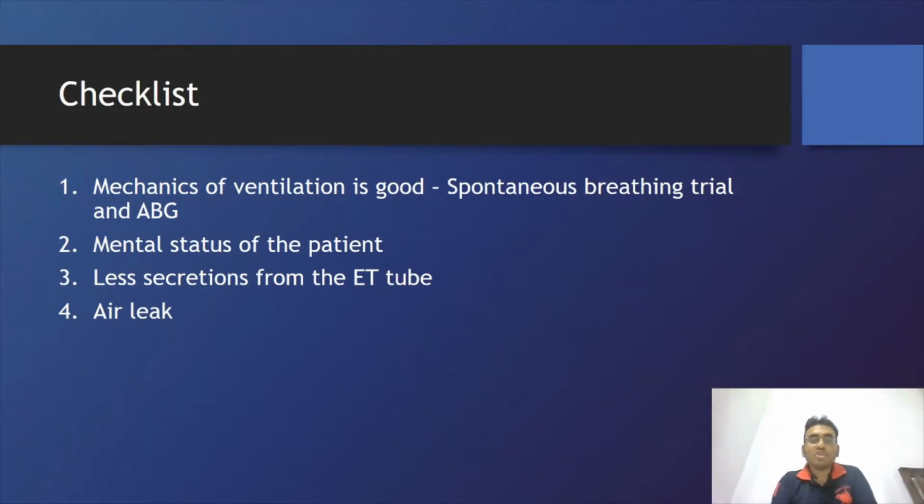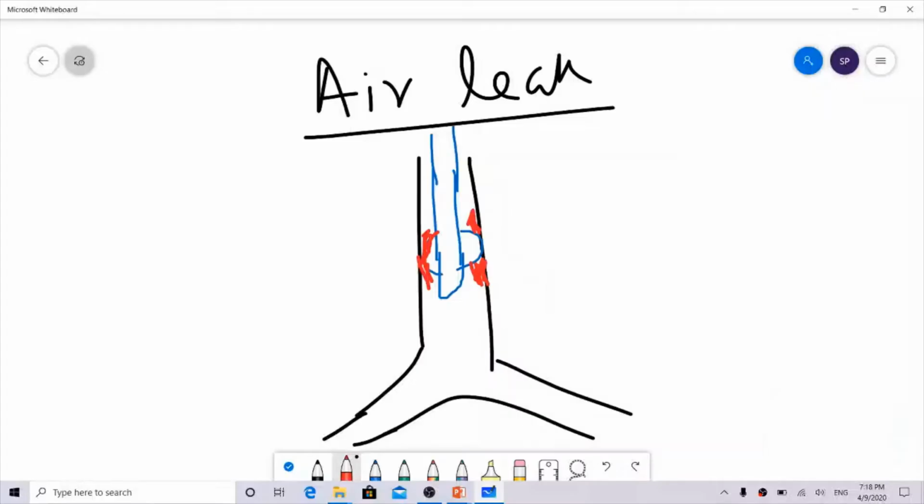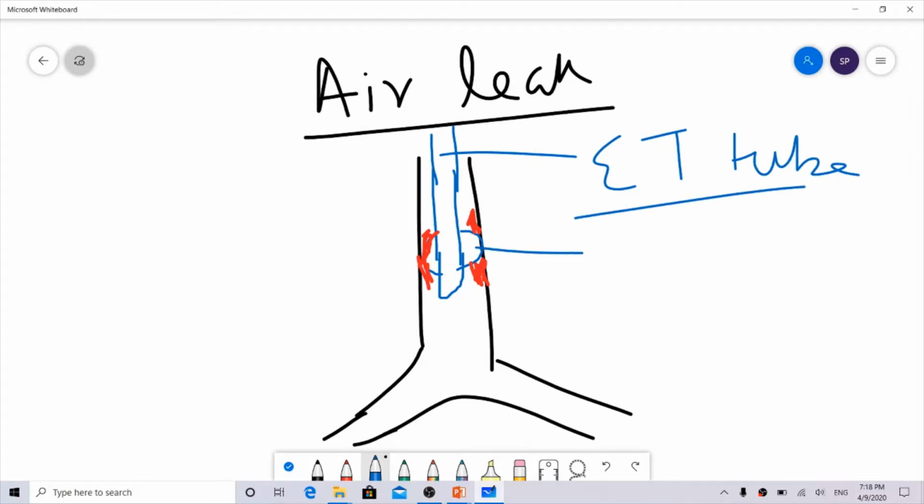And the last thing we check is for an air leak. I'll explain exactly what an air leak is. Basically, this is a trachea, and this is your ET tube. You all know that an ET tube has a balloon at the end. What happens when you keep this ET tube for a long time?